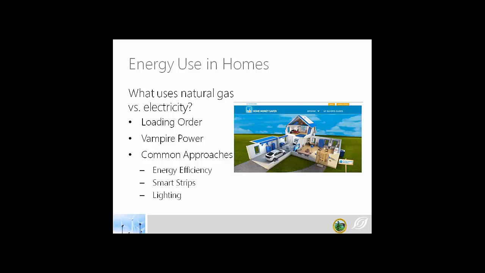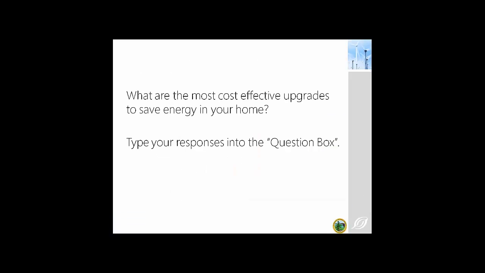We don't think about our TV or our computer being plugged in all day. Even if they're in sleep mode, they're still pulling a small amount of energy at all times so that you can just press power and it turns right on. That's what we call a vampire power or a vampire load. It's always there no matter what. Even if it's off, if it's plugged in, it's pulling a little bit of energy. Next slide.